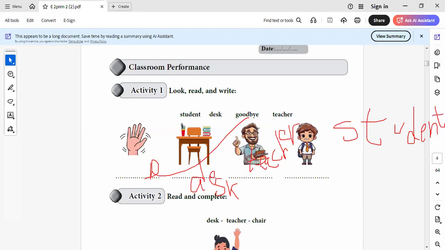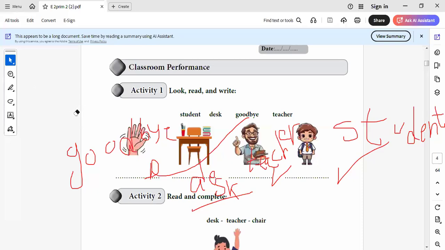So here we have goodbye. This picture refers to goodbye. This picture refers to desk. Another one refers to teacher, and this is for student.